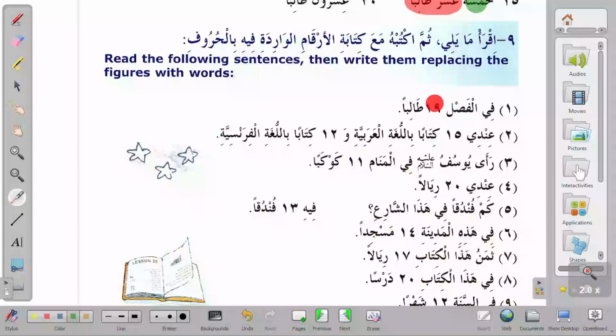So you can see here, they have written them in numerical form. But they want you to read it and mention it in letters. So that's what they want you to do. Iqra, they just want you to read.